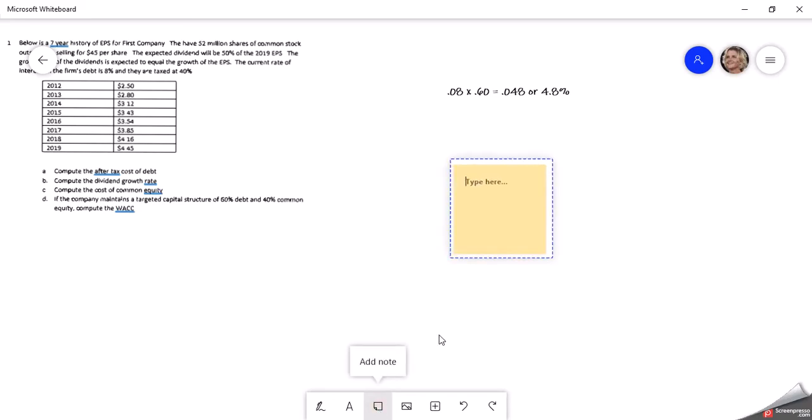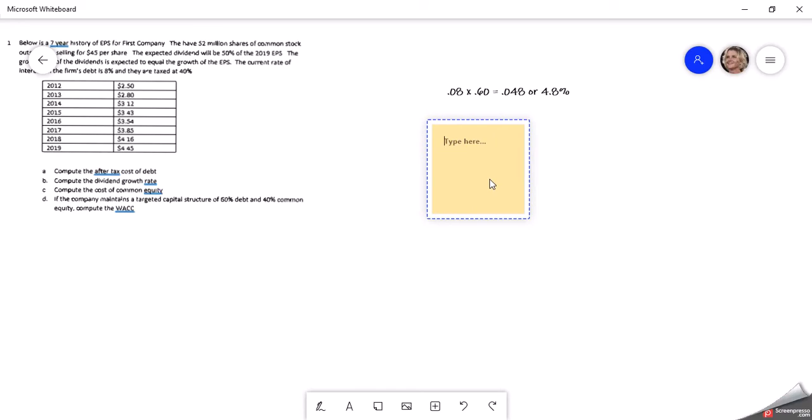Okay, then we will add another little box and we'll move on to the second one. Okay, so then our second thing says, now compute the dividend growth rate.